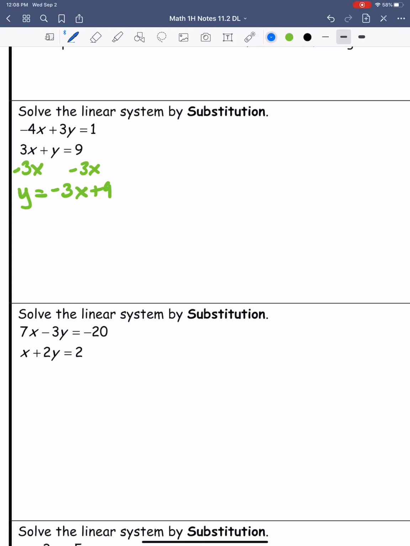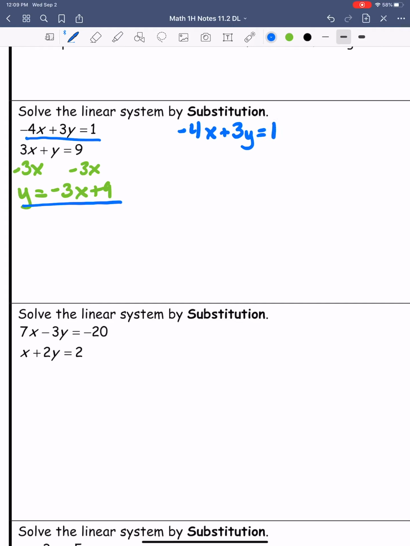And so now I have these two equations. I have this top one, which I haven't touched, and I have this bottom one, which I just rearranged to get something by itself. So we always need to start by getting a variable by itself. And now I'm going to set these up side by side. This is just for organization. You don't have to do it like this, but I think it's helpful. I'm going to write my top equation, which is negative 4x plus 3y equals 1.